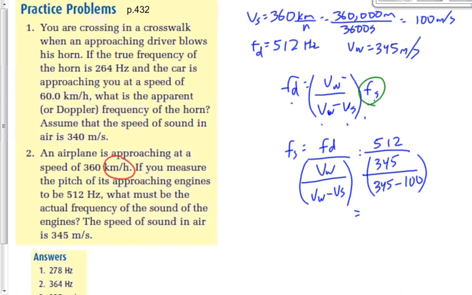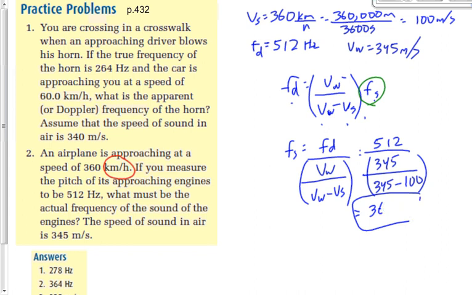But if you do it in steps, it's not so bad. Let's say 345 minus 100 is 245. 345 divided by 245 is 1.408. We'll say 512 divided by that gives me 363. Should be 364, right? Yeah, they're right.